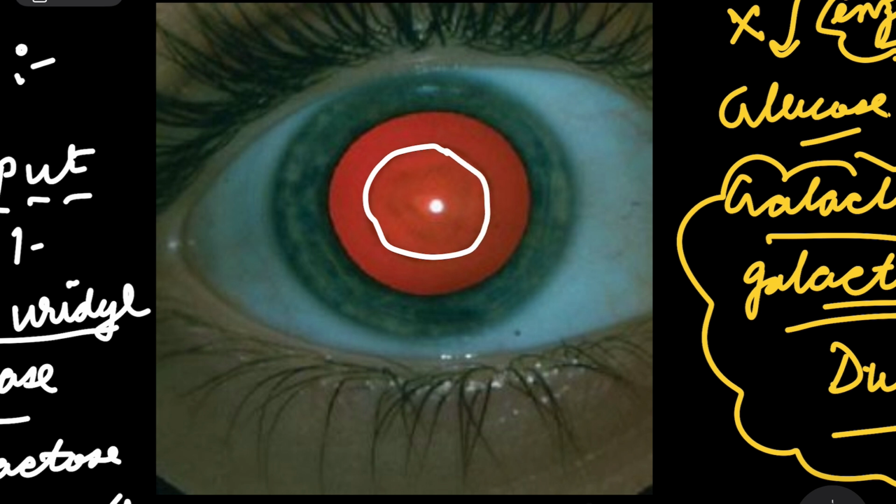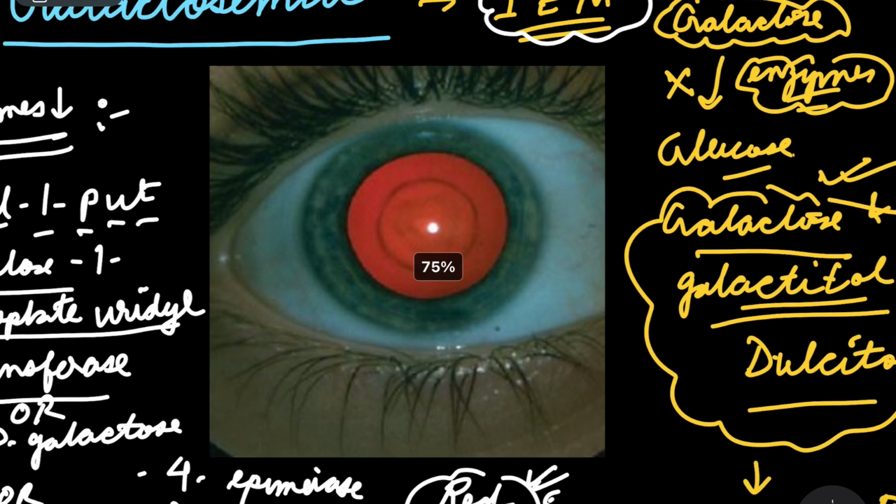Now I'll remove it and you'll see it for yourself. Do you see this? It looks like a central oil droplet, a form of cataract that is developing. So this is basically an opacification. Against the red fundal glow, it looks like a drop of oil has fallen. That is why it is known as oil droplet cataract.